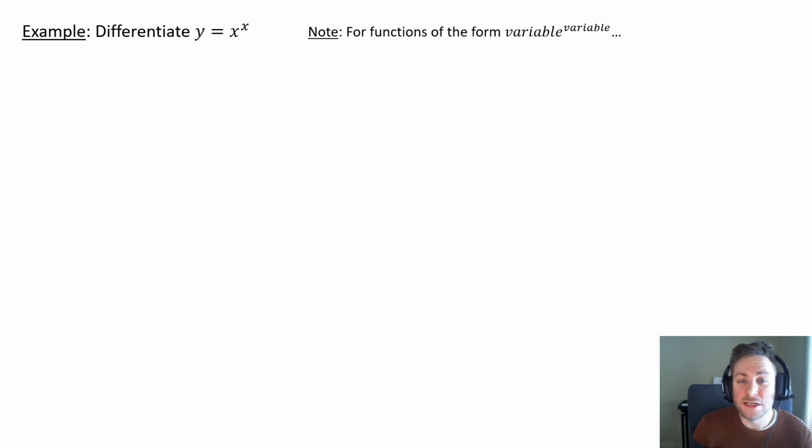So actually, none of the formulas we currently know are directly applicable here. So in a situation like this, it is necessary to logarithmically differentiate. That's going to have the advantage of turning our exponent into a coefficient, which avoids the problem I just described entirely. But let's get into the specifics.